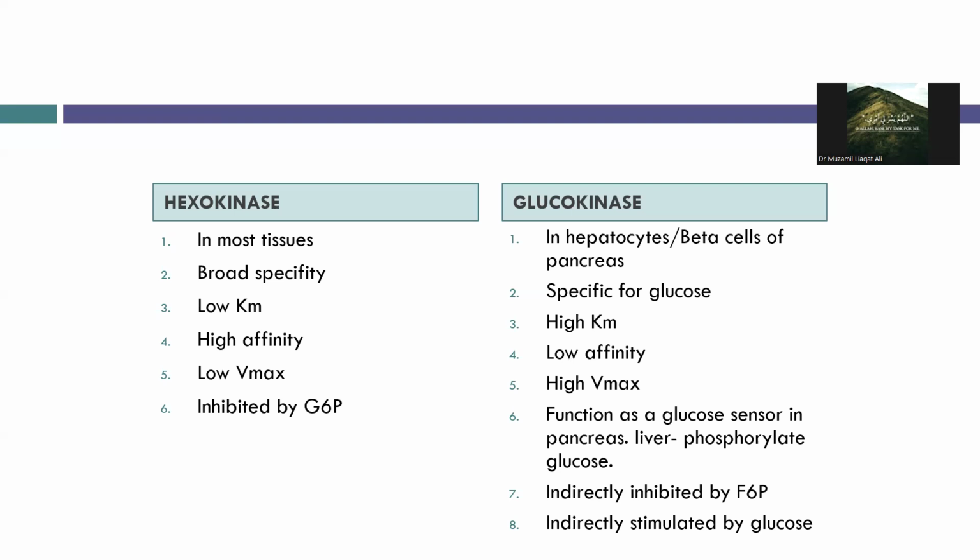So, glucokinase mutations cause MODY2, that is mild familial diabetes. Hexokinase deficiency is a rare cause of non-spherocytic hemolytic anemia.